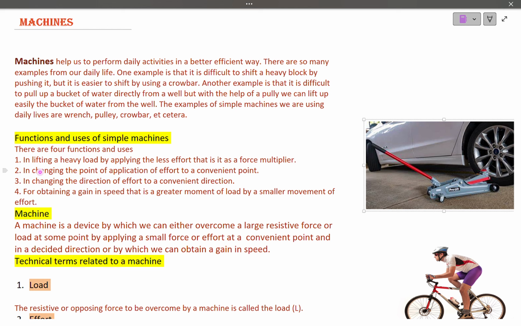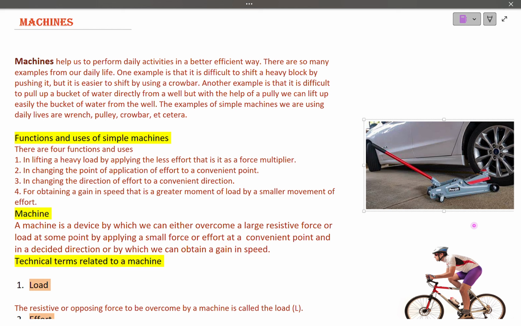The first one is lifting a heavy load by applying less effort, that is, it acts as a force multiplier. The example is given on the right side. You can see a picture which shows a jack. That jack is used to lift a car or a heavy vehicle or heavy load.